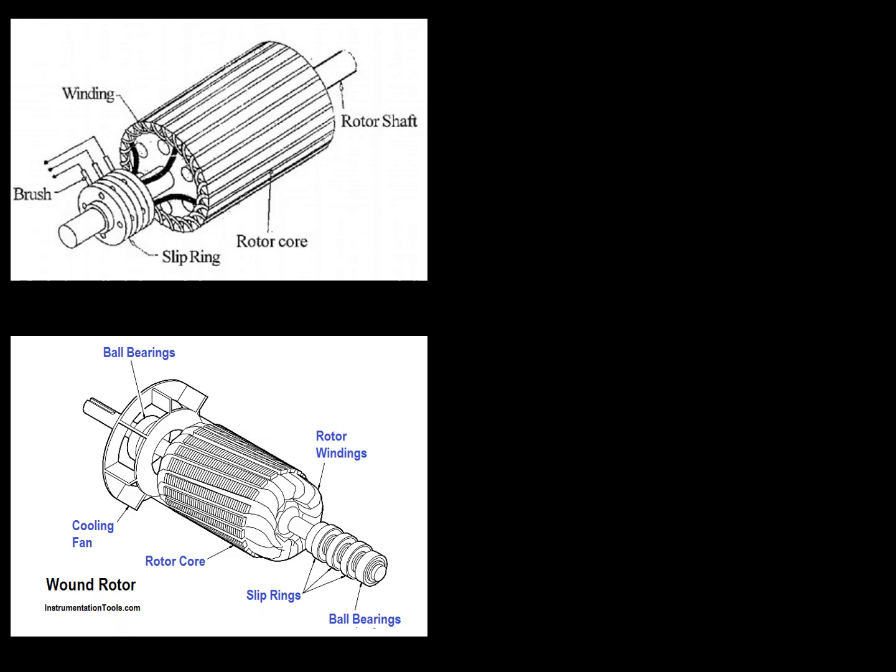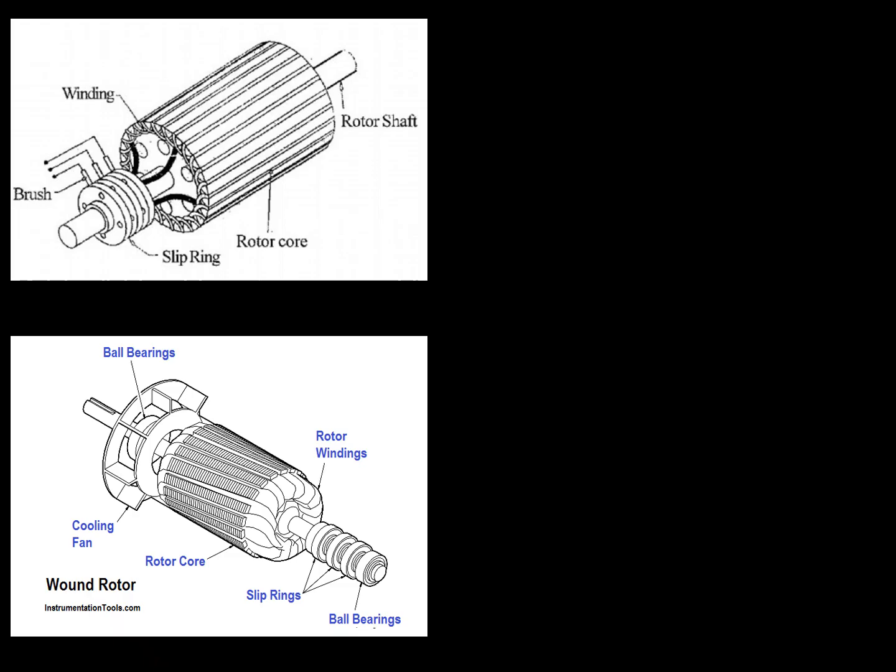Here in this slide, friends, we have shown two types of induction motor. One is the slip ring type, in which slip rings are provided at the end of the rotor, and from these slip rings the electrical conductor is conveyed to the motor.